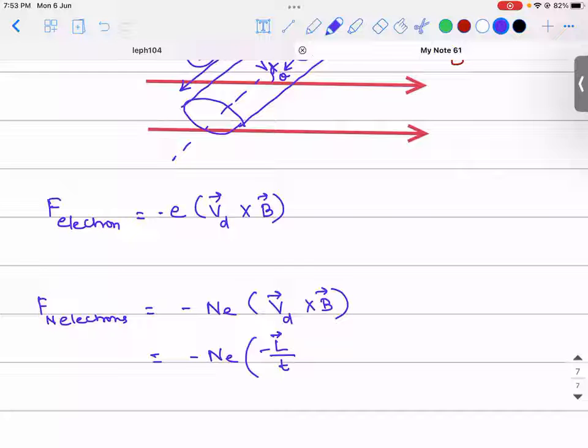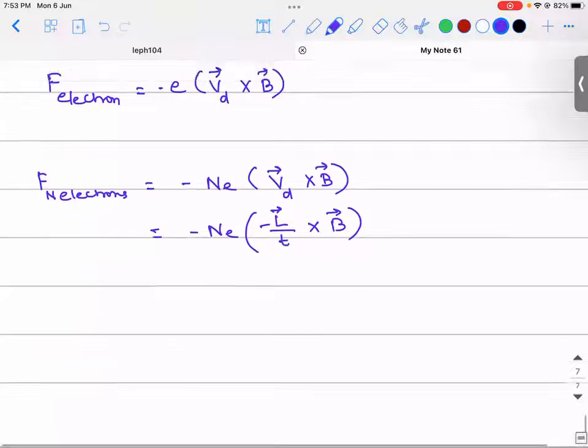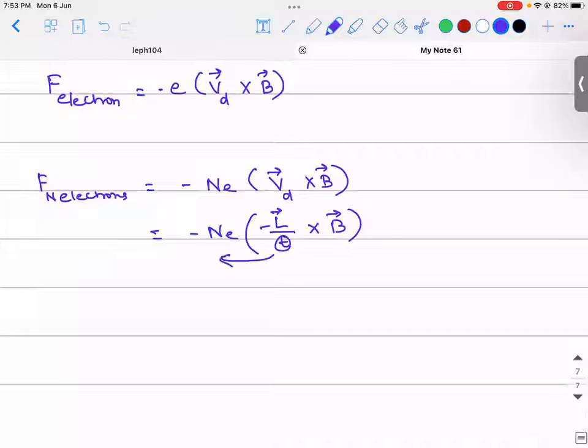So minus L vector divided by t cross B vector. I'll take this t outside and minus outside. So can I write it as Ne divided by t into L vector cross B vector?